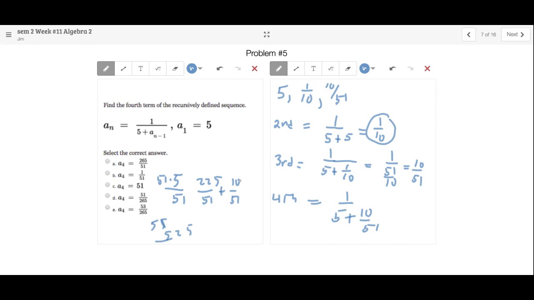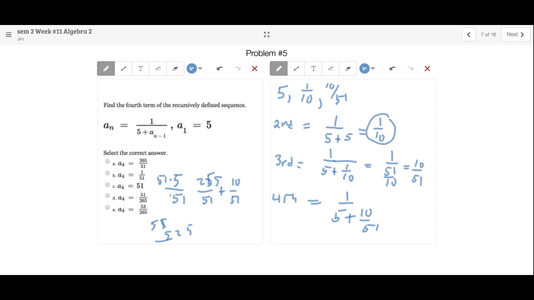I think I made a mistake. So where did I make my mistake here? Oh, 5 times 51 is 255. That's where I made my mistake. I can't multiply. This is 255. Okay, so 51 times 5 is 255.